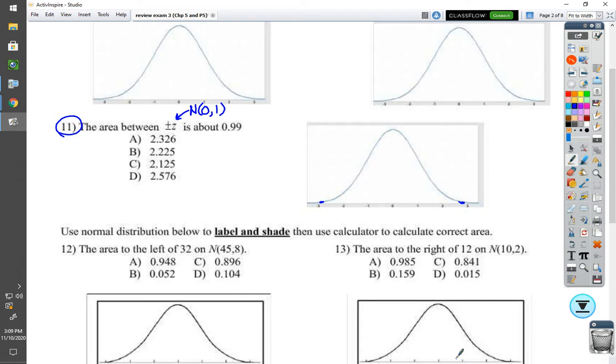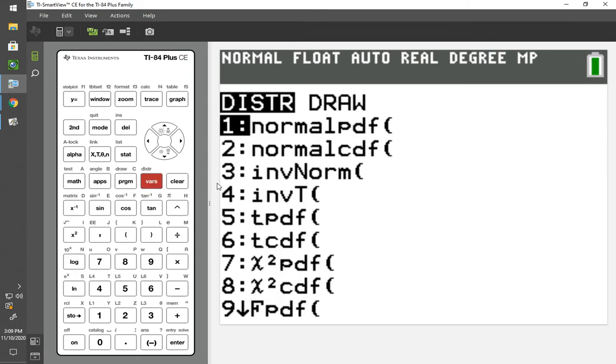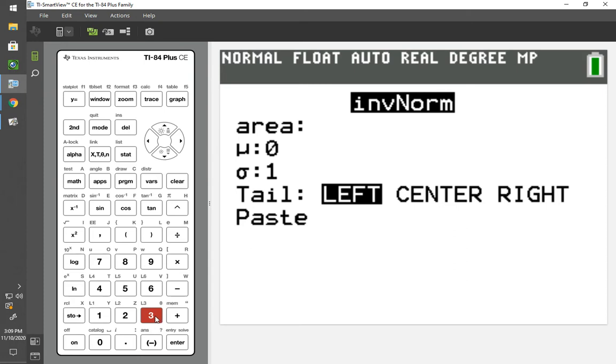So there's 2 ways, again, for us to do this. When I go to my calculator, this time I'm going to be in the function of distribution, but I'm going to be in number 3, the inverse norm. I'm looking for endpoints. The area that I'm concerned with is 0.99. My 0 and my 1 become my tails.